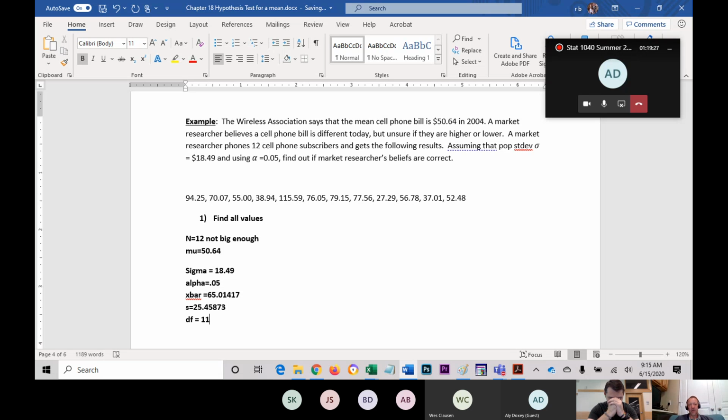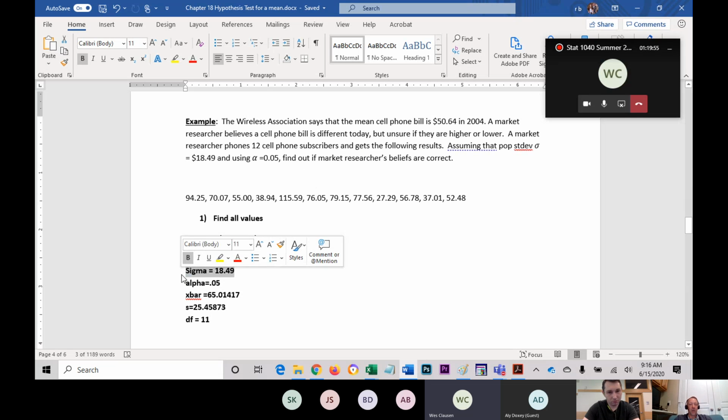Now, do we know at this point if I'm going to be using a z or a t or a chi-square? Or should we wait till step 3 to figure that out? We do know that it's going to be a z-score. Why is it going to be a z? Because you've got your population standard deviation, we've got our sigma.